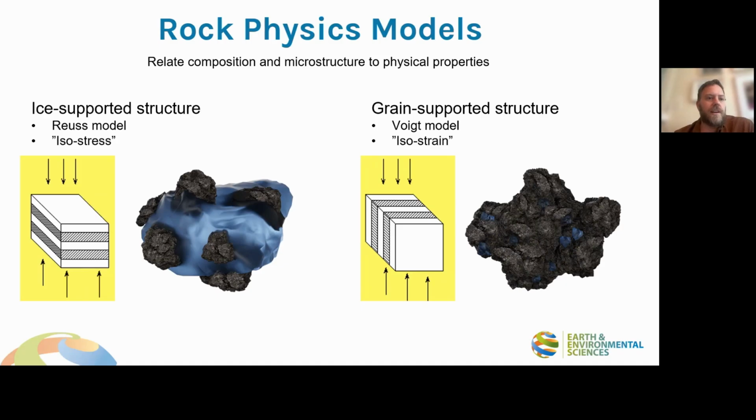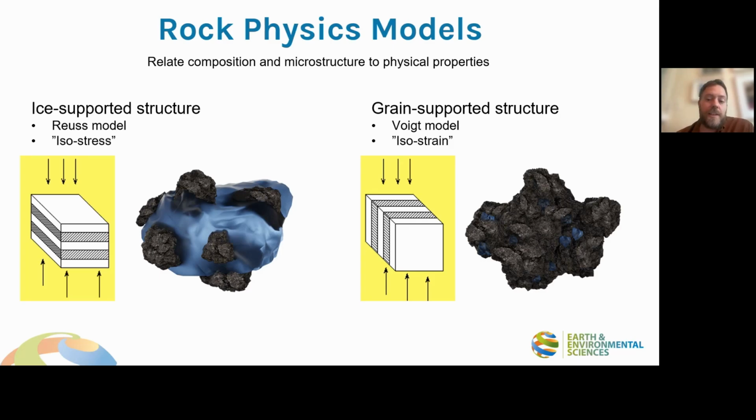So rock physics is a field that essentially relates the structure and properties of rocks and geological materials to their geophysical behavior. And so here is a demonstration of two typical rock physics models that are meant to demonstrate how mixtures of rock and ice can have dramatically different physical properties depending on not only how much ice is mixed in, but also where the ice sits.